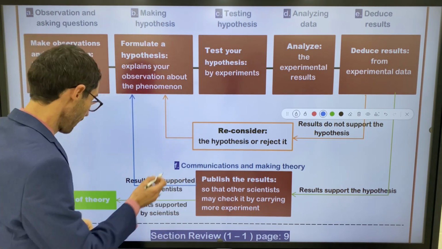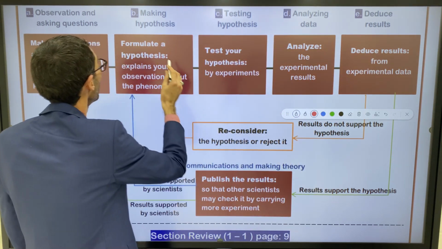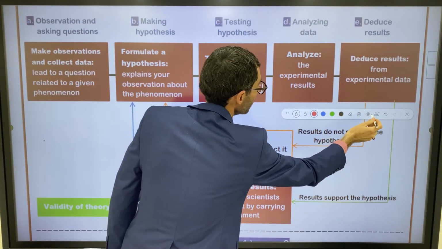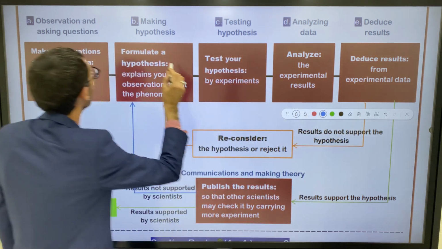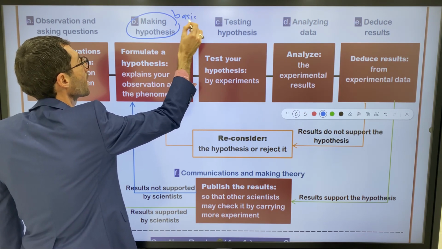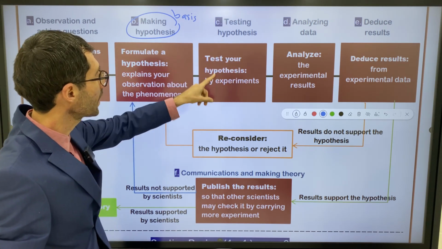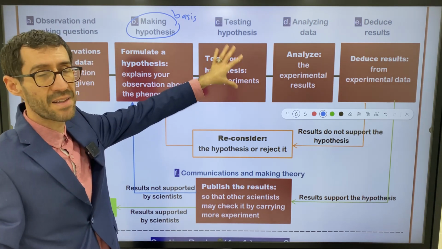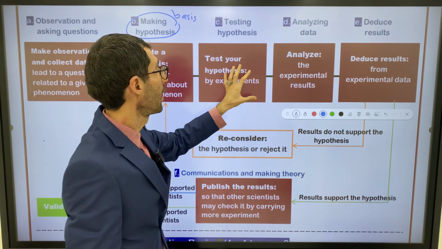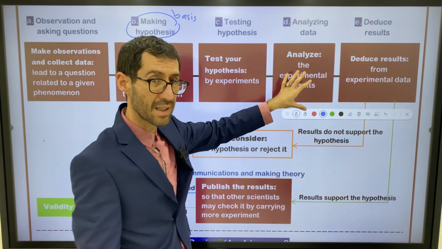Let me write it for you here. Making a hypothesis is the basis of the scientific method, right? The third step is to test your hypothesis. After testing the hypothesis, the person analyzes the experimental data.